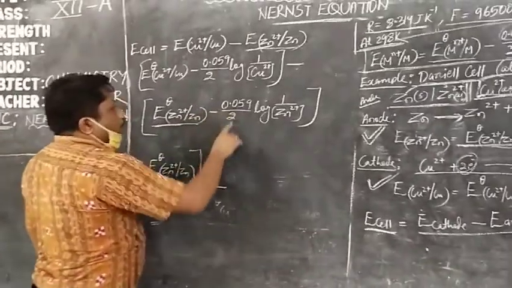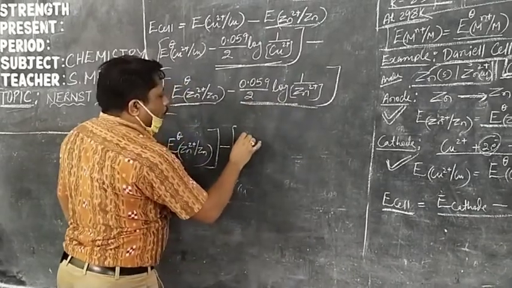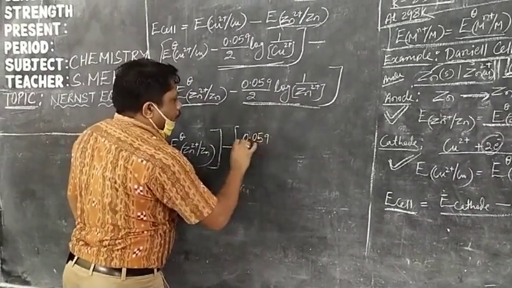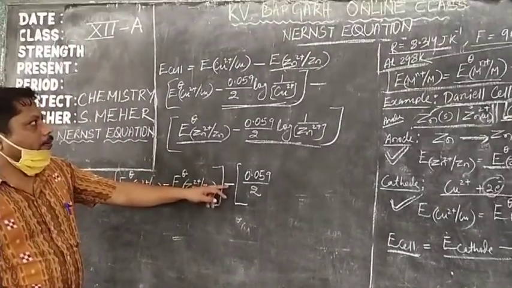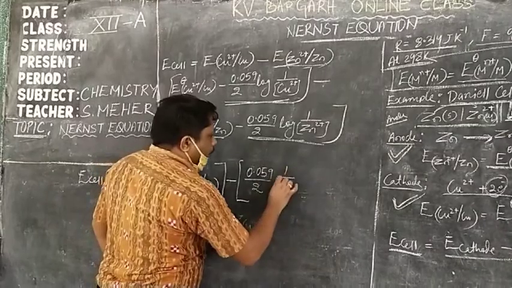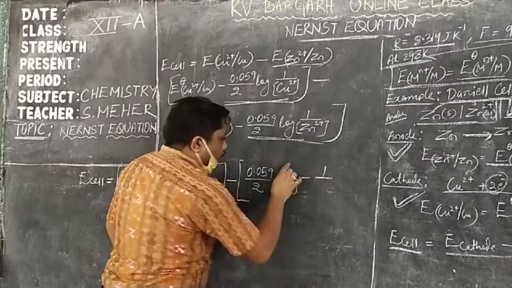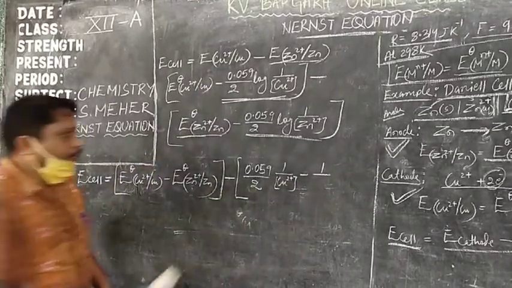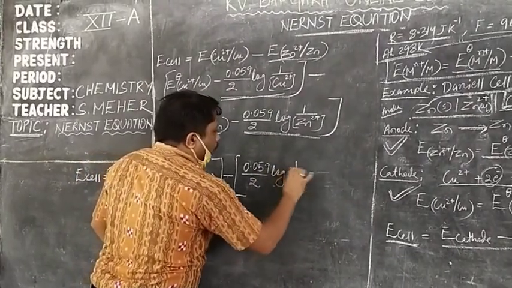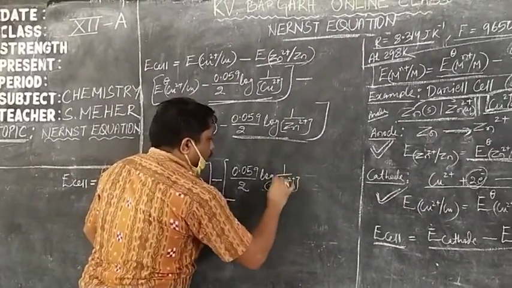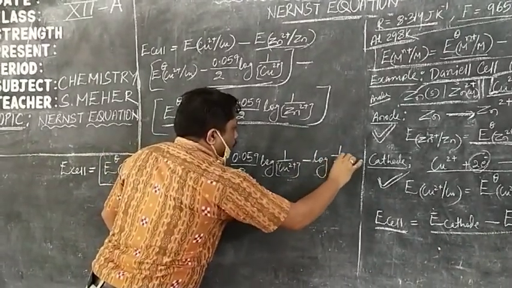Here and here, what is common? 0.059 by 2 is common. Then, because of the minus sign, it will be log 1 by Cu2 plus minus log 1 by Zn2 plus.